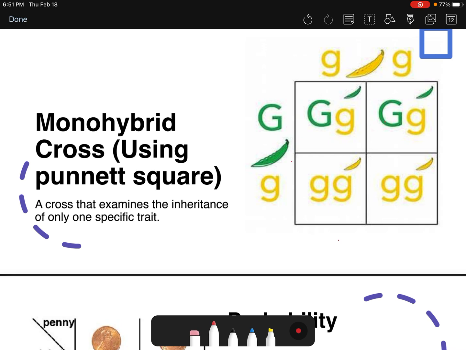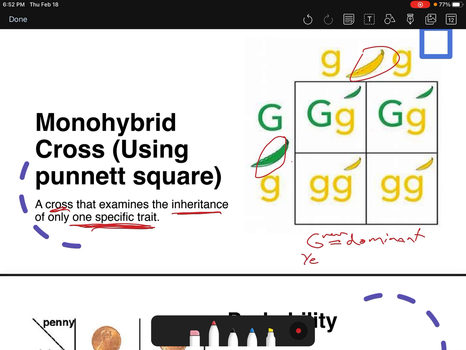All right, so the monohybrid cross, which we are specifically looking at today, is a cross that examines the inheritance of only one specific trait. So over here we have peas, and those peas can either be green, which looks like it's going to be dominant. So green is dominant.